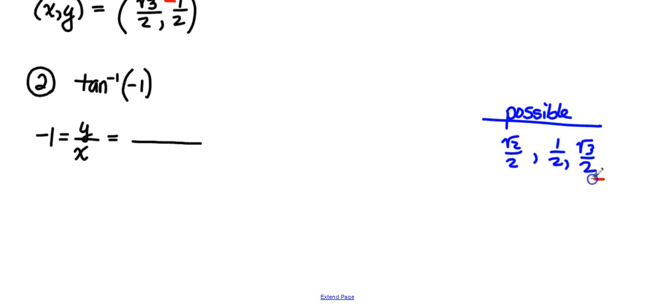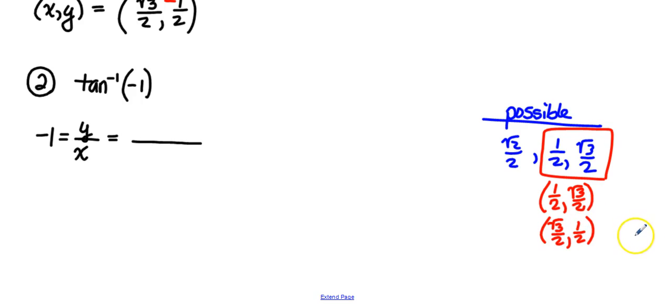Now right away, I know these guys are out because it's either a half comma √3/2 or √3/2 comma a half. I know one of these gets me √3 and the other one gets me √3/3. So these are out.